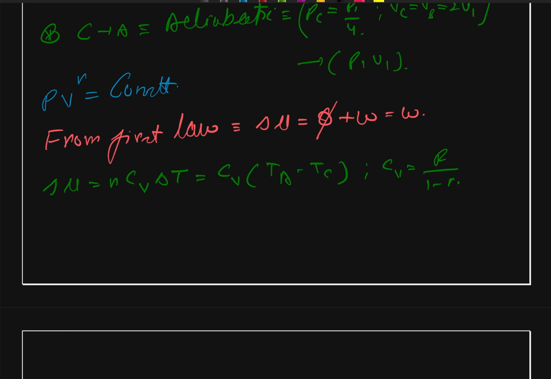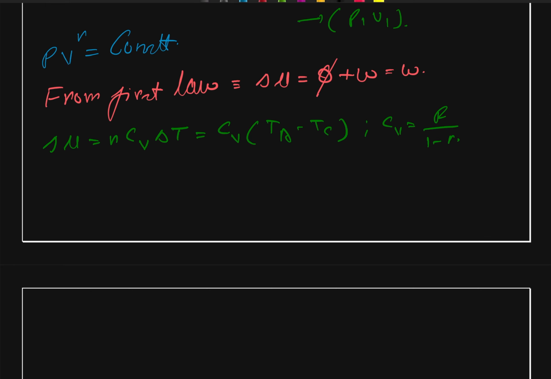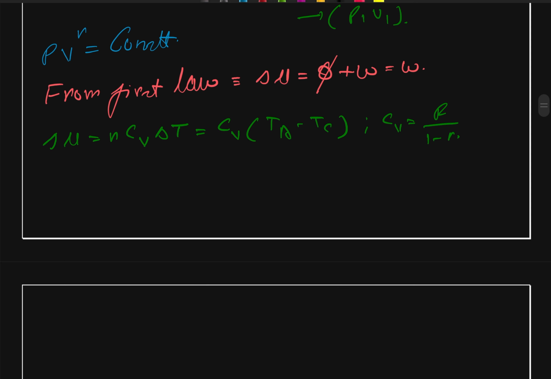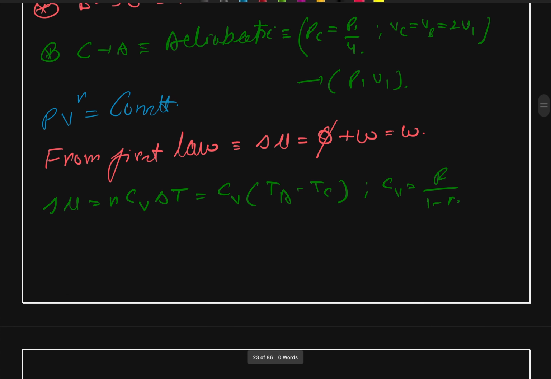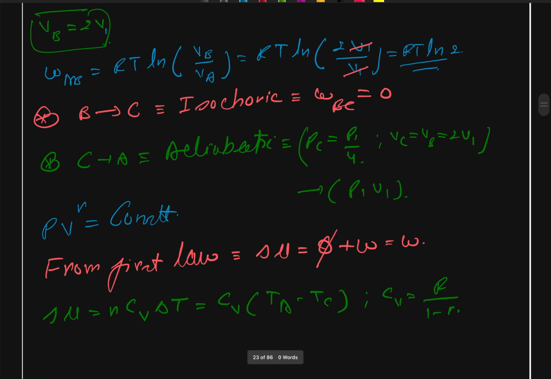Okay, now we will be requiring temperature, so we can just find it over here also. We were having initial temperature TA. For that we are going to use the isochoric BC process, and from that we can find our temperature.